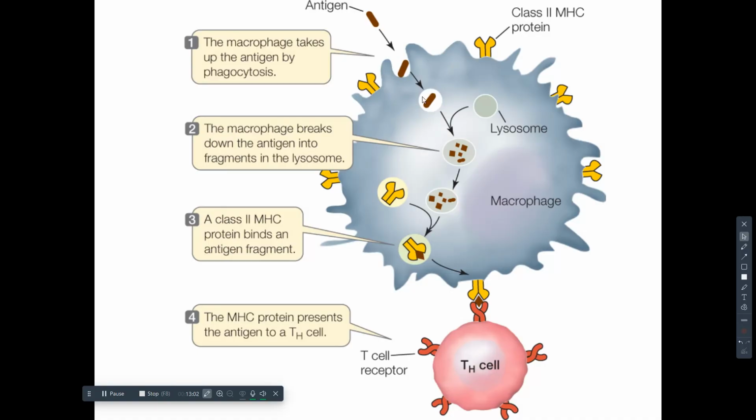There's the engulfed antigen, the phagosome. The phagosome is going to fuse with a lysosome, which contains digestive enzymes, chops up the antigen. We see the bits and pieces here. Then those bits and pieces are complexed with an MHC2 protein, and the MHC2 protein is then stuck into the membrane on the surface.